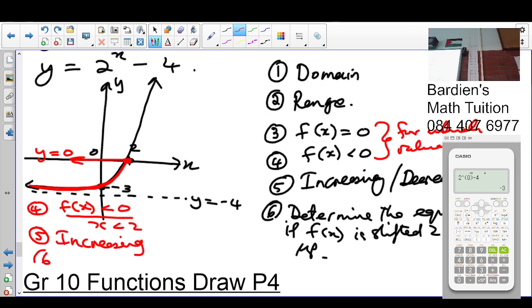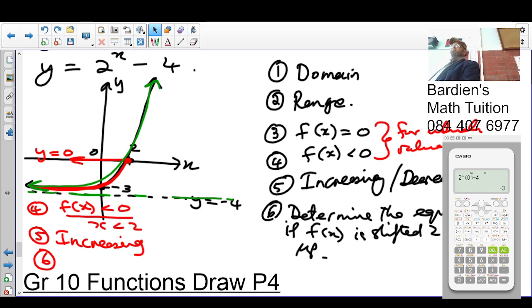Number 6. Now people try to take this graph into account. You take this green graph into it. You all agree that the green graph is exactly the graph we got here. So if I must move this graph 2 units up, what will happen?